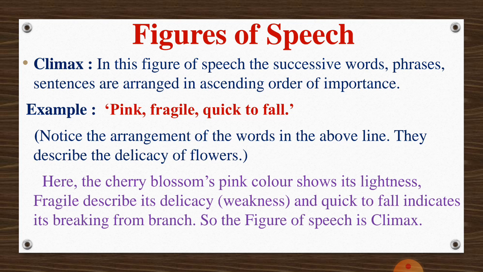For example, look at this example. Pink, fragile, quick to fall. Notice the arrangement of words in the above line. And actually this line is describing the delicacy of cherry flowers. So here the cherry blossoms, pink color shows its lightness. Then the word fragile describes its delicacy or weakness, and quick to fall indicates its breaking from branch.